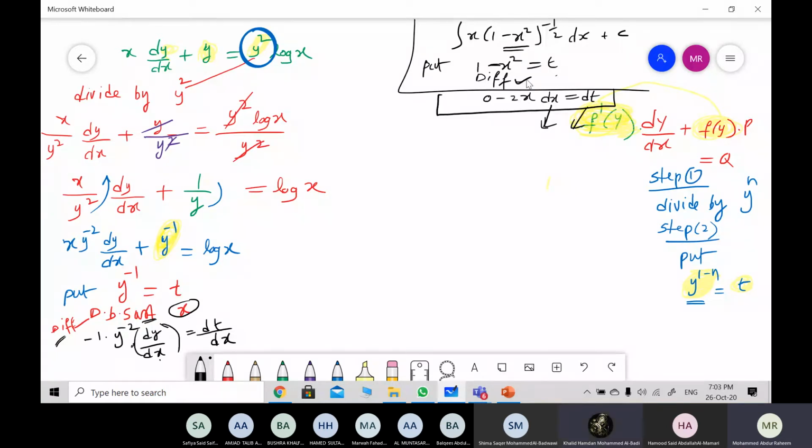But this is not differentiating with respect to x, just differentiating both sides, so you need to write like this only. Whenever in integration we need differentiation, we do like this. But here there is no integration, so like this we differentiate.